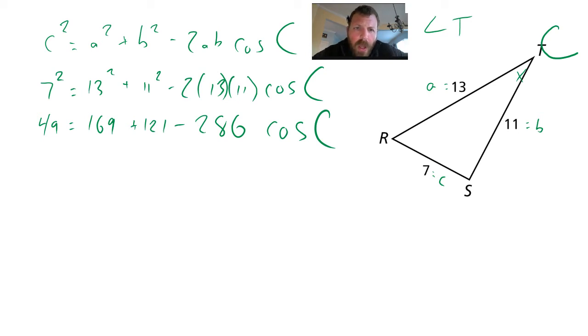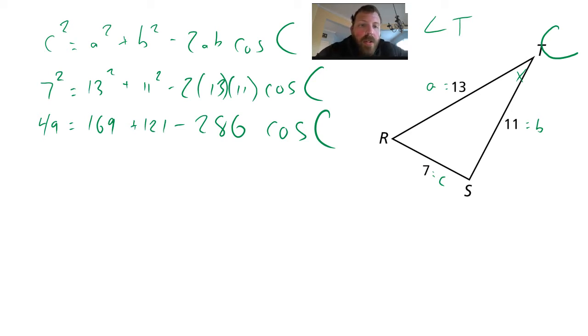All right. So as I look at this, I still need to condense some things down. I need to isolate my variables, so I need to get this thing right here by itself. To do that, I got to move all this other stuff that's on this side over to the other side. The main mistake that most kids make is they add all three of these numbers, 169, 121, and negative 286.